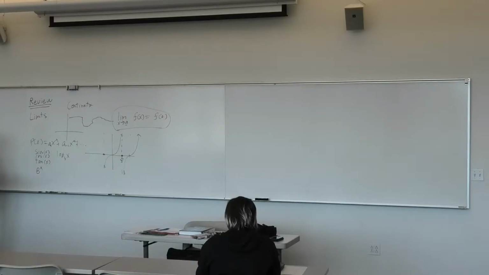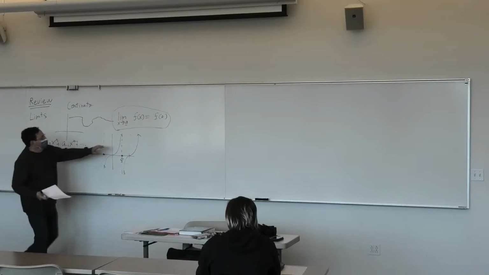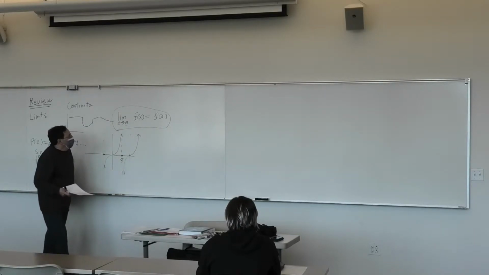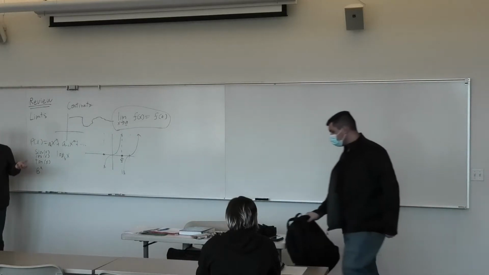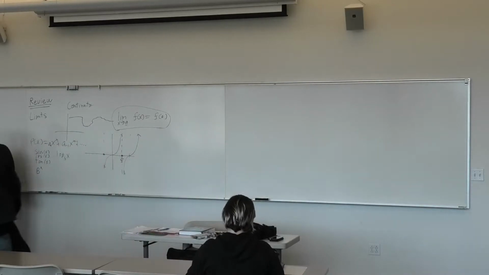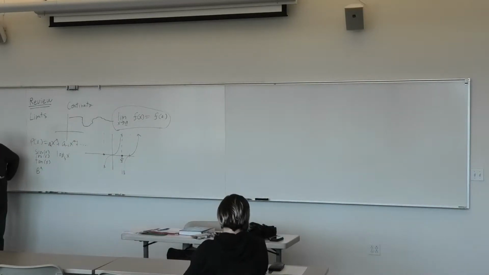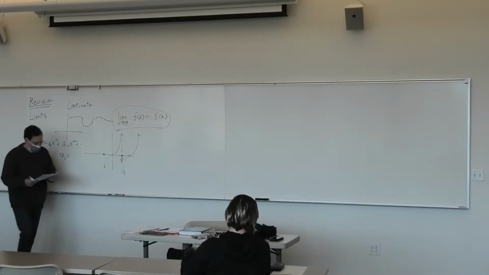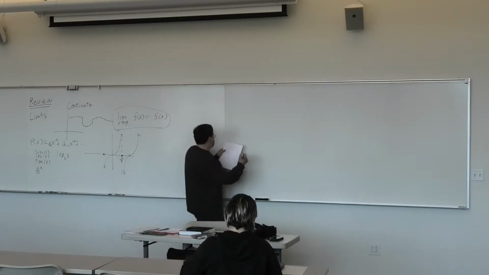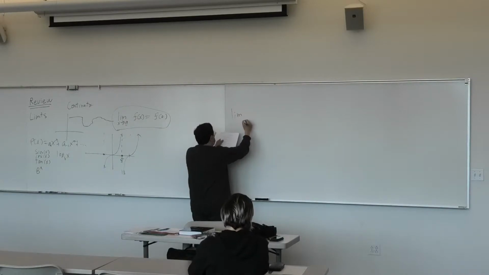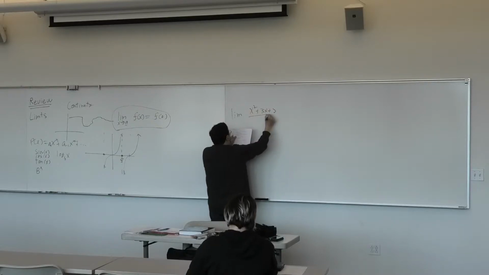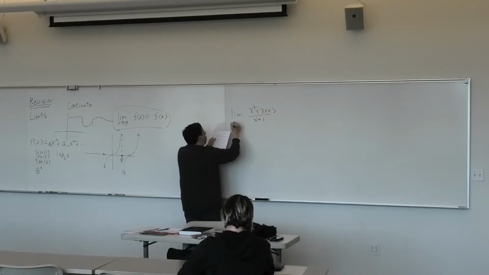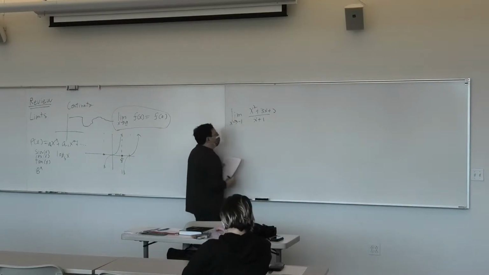So clearly, if we have a limit that's not going to be something you can just plug in, we have to look a little deeper. That would be at a point where it's not defined. So just as an example, take a look at the limit of (x squared plus x plus 2) over (x plus 1) as x goes to minus 1.